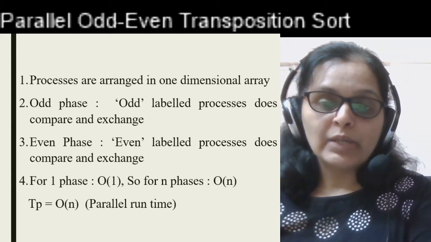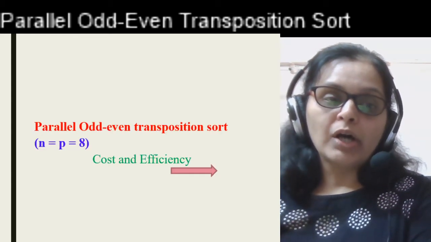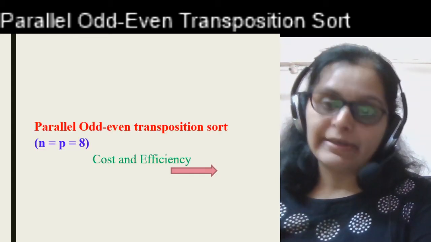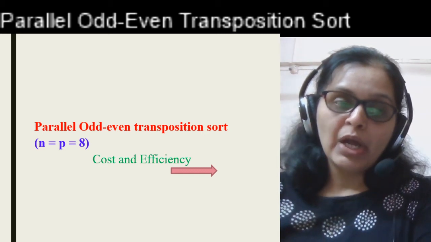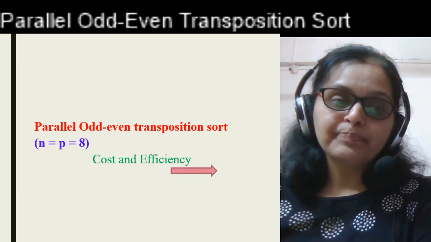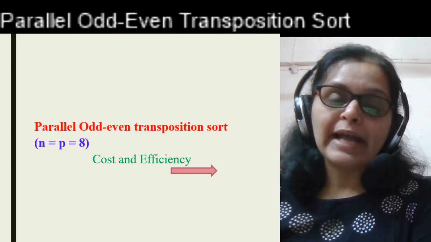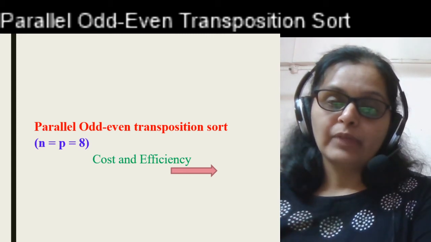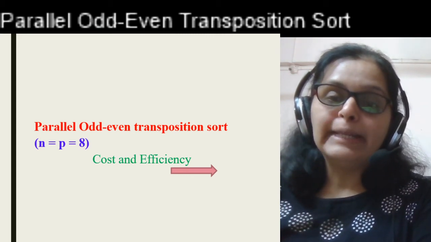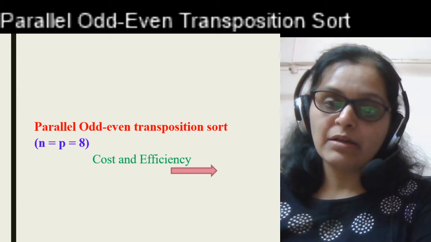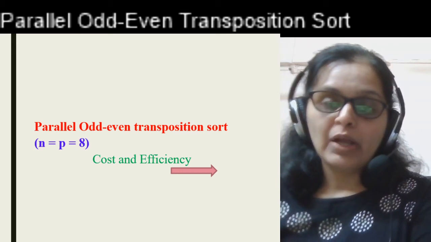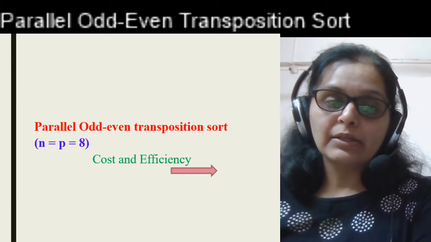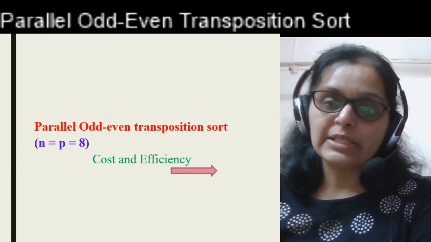Okay, so let us go ahead. Two more performance metrics I will now convince you of with this sort, and those are cost and efficiency, apart from TP and TS, that is parallel runtime and serial runtime. So let us see what is cost and what is efficiency.